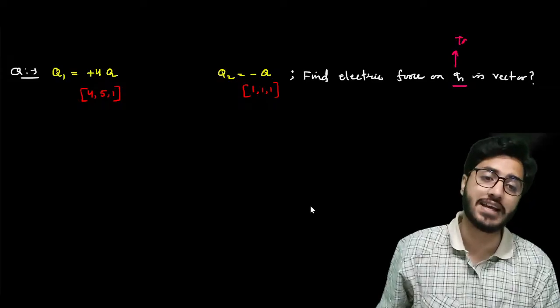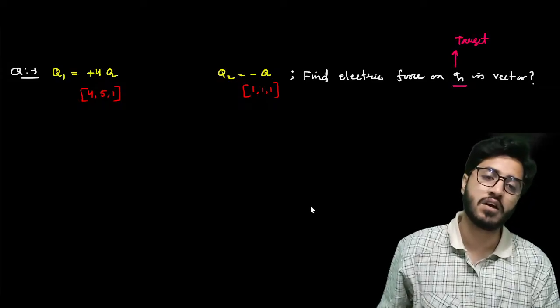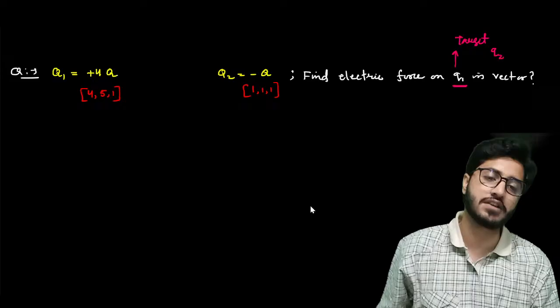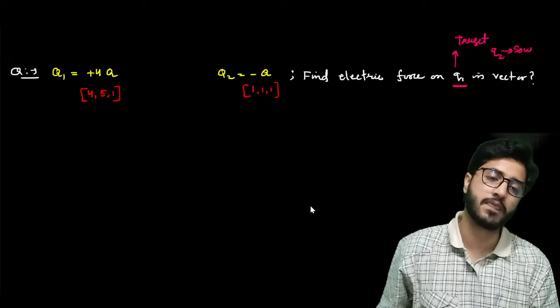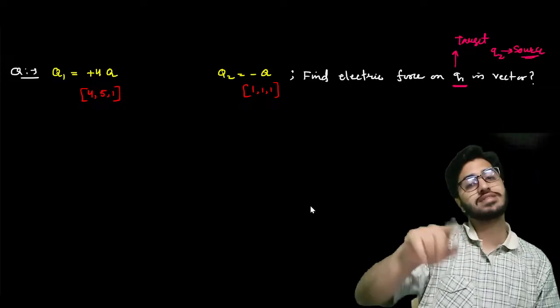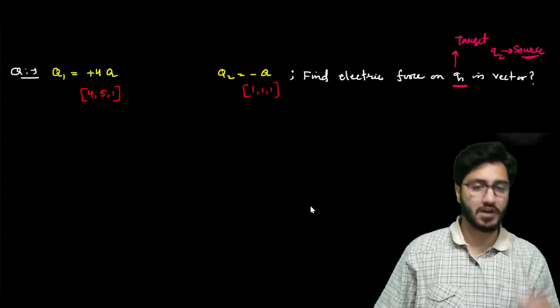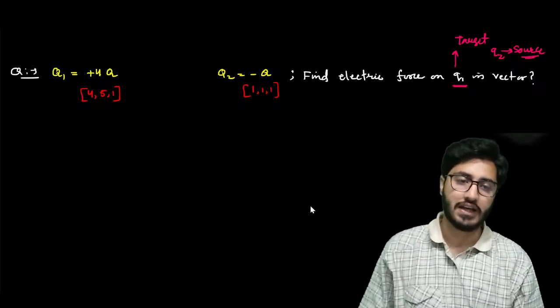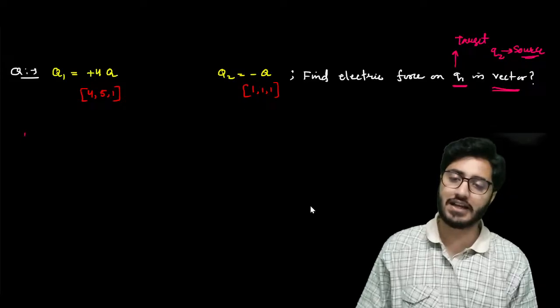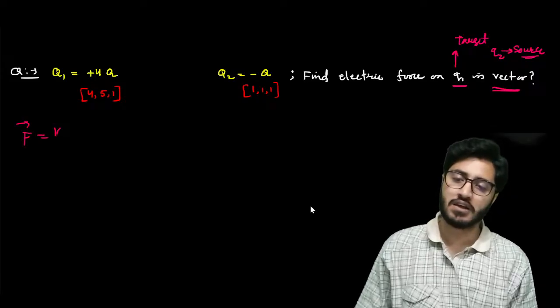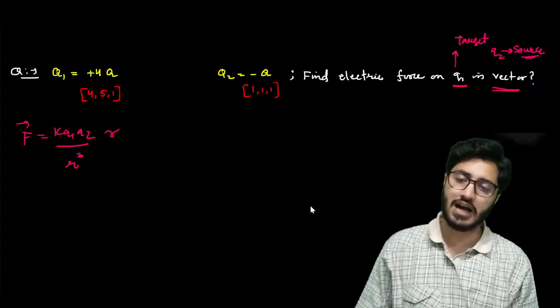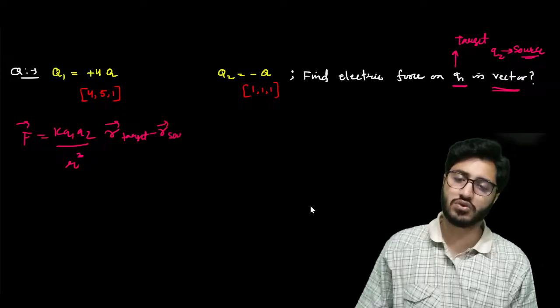So Q1 is the target and Q2 is the source, that means Q2 is applying force on Q1. So I will write the formula now. In vectors, I can write F equals K Q1 Q2 by R cube, then R target minus R source. Easy, right?